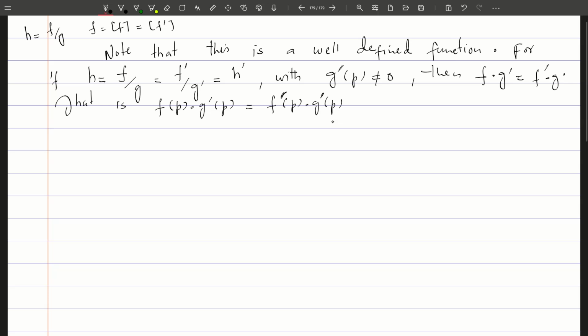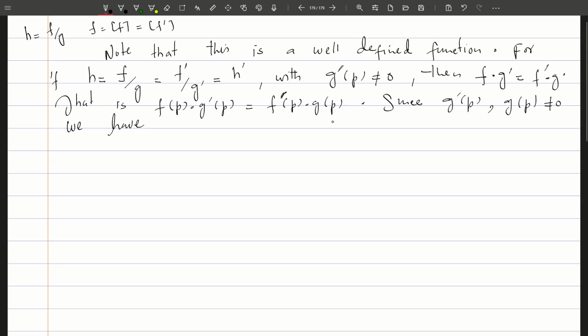Now, given that g prime(p) and g(p) are both different from 0, we can divide throughout by the product of g prime(p) and g(p).